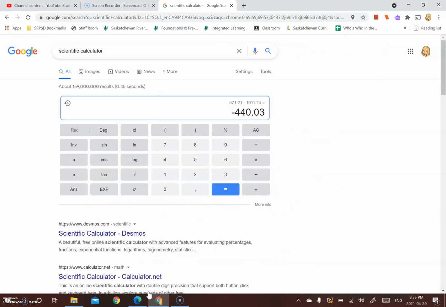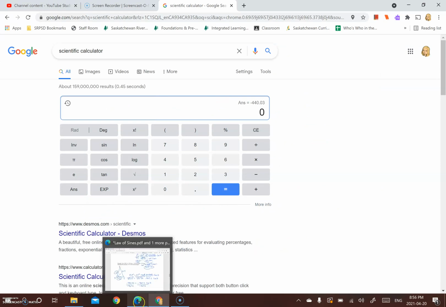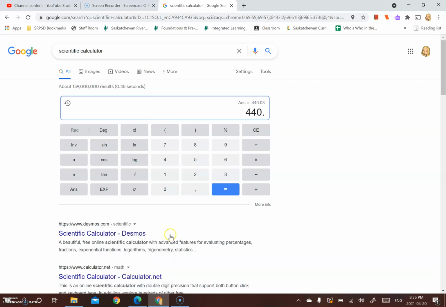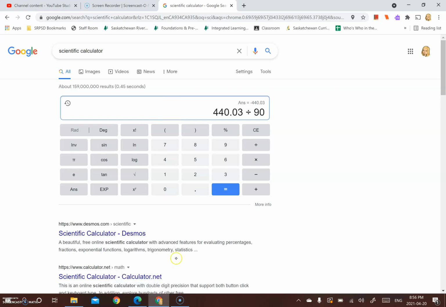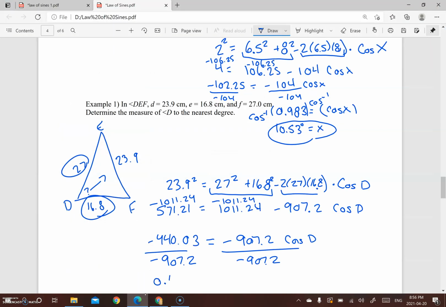Now, once again, I don't know where my negative is on this calculator, so I do know that a negative divided by a negative is a positive. So 440.03 divided by 907.2 is 0.485. 0.485, and then I have to apply the inverse of cos.